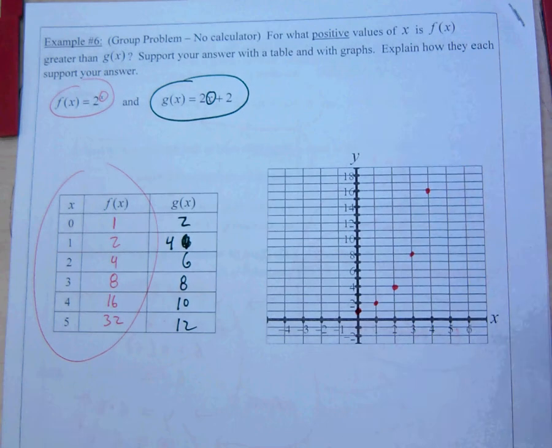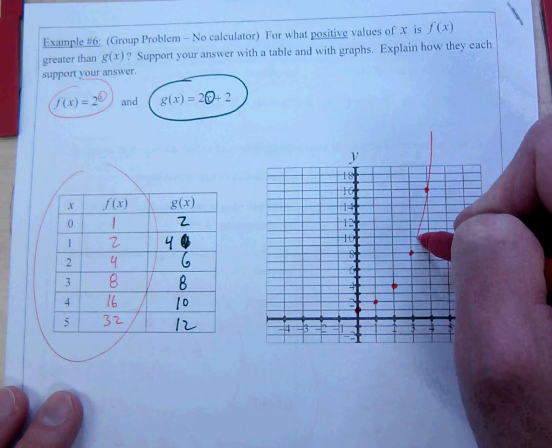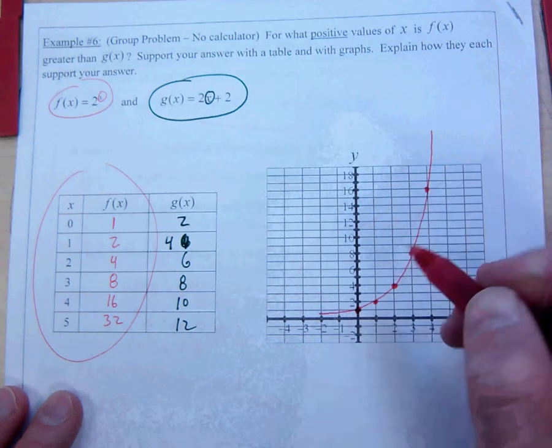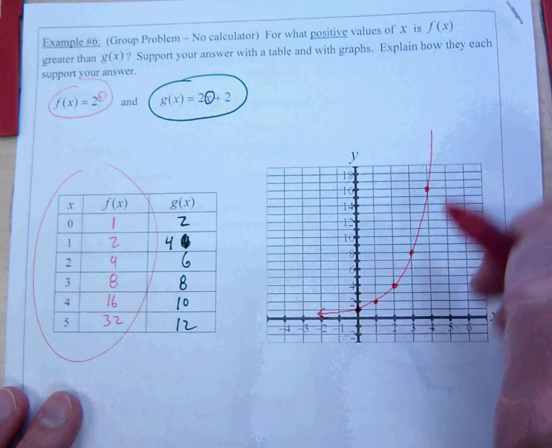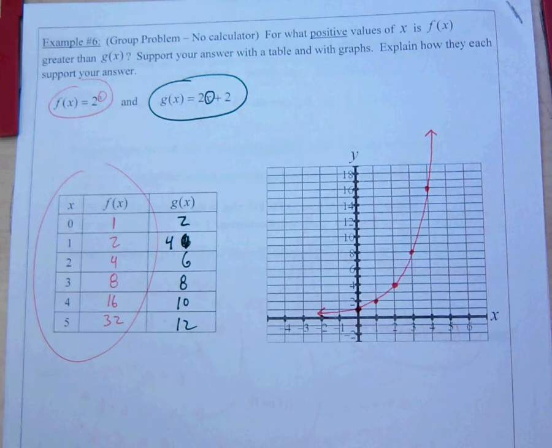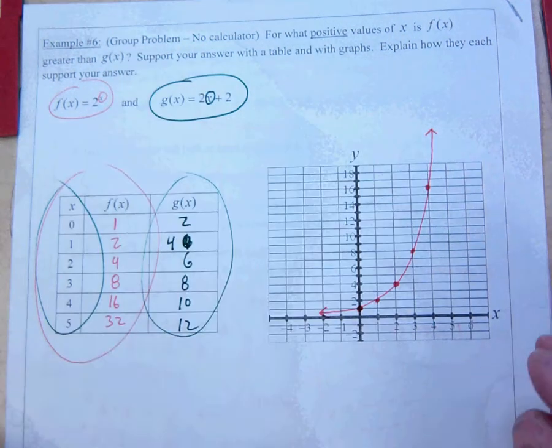And so when I connect them, obviously this should look familiar to you. That's what type of curve? Exponential, right? And by the way, this keeps going down. It gets closer and closer to the x-axis, but never touches, right? For g of x, I'm going to graph the x values along with those y values.